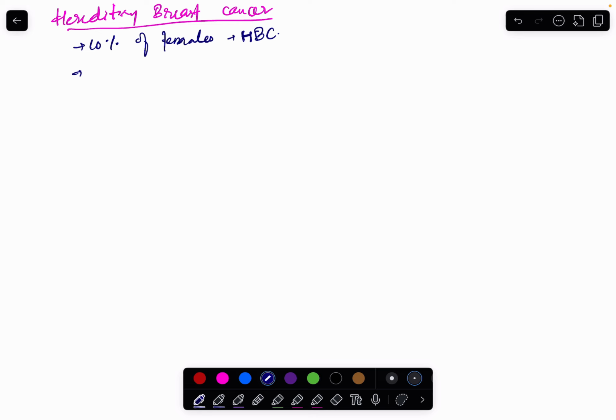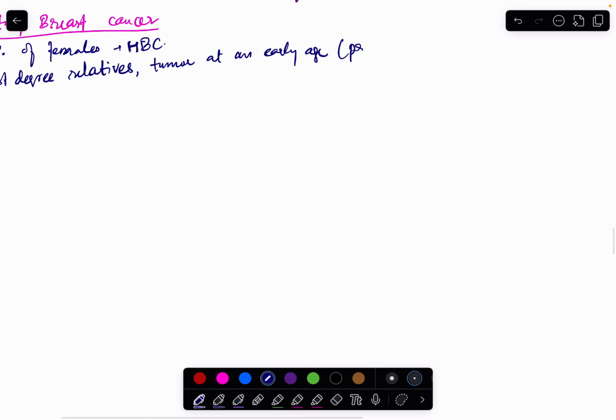The risk factors are first degree relatives, or tumor at an early age, meaning premenopausal females. Because we saw that breast cancer is most commonly seen in postmenopausal females. So if you see any kind of tumor in premenopausal females, then it is a type of hereditary breast cancer.